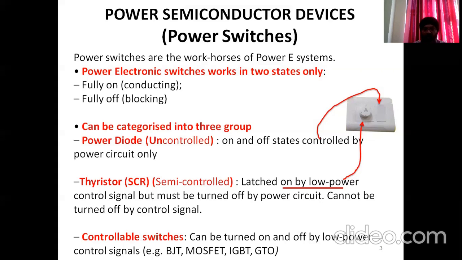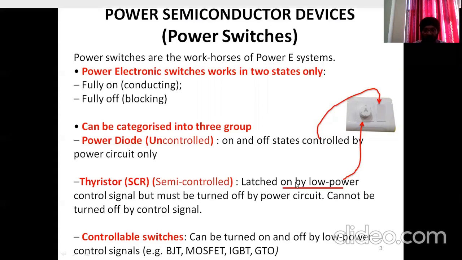And we can categorize these switches into three groups. Uncontrolled switches, an example is a power diode. It has on and off states controlled by the circuit itself, so we cannot control the on and off externally.